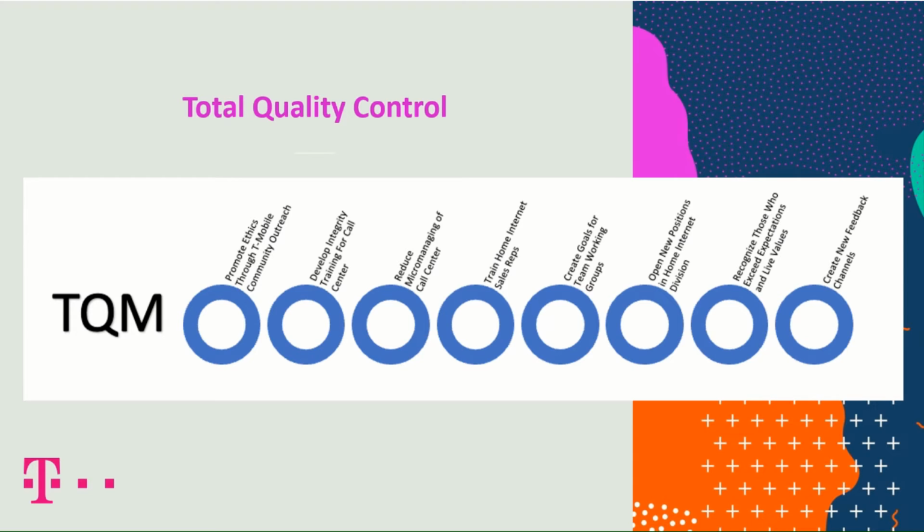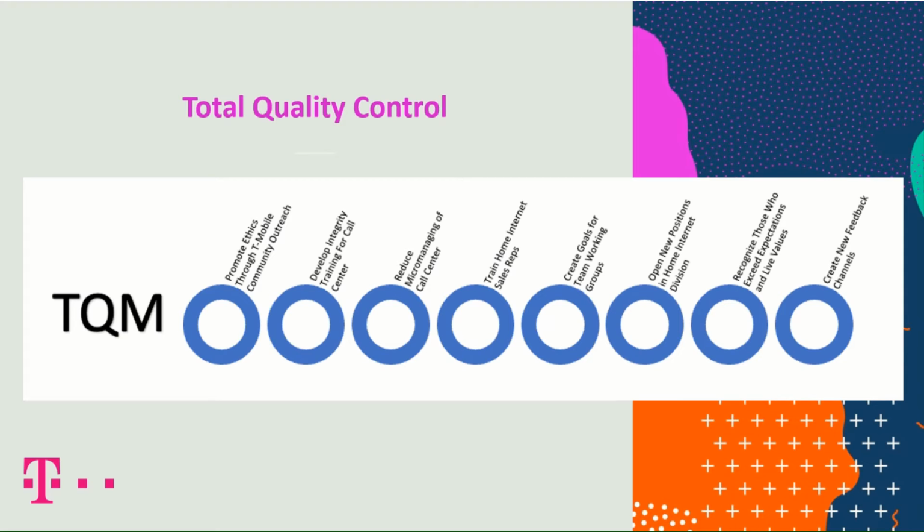Some of those pillars or elements that T-Mobile should focus on include promoting ethics, developing integrity in their training for call center employees, reducing micromanaging of the call center employees, training home internet sales reps to help install those new home internet routers, and creating goals for teamwork or for working groups, focused on working group performance.